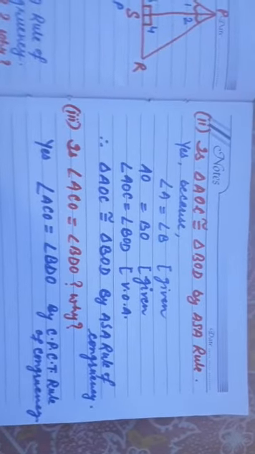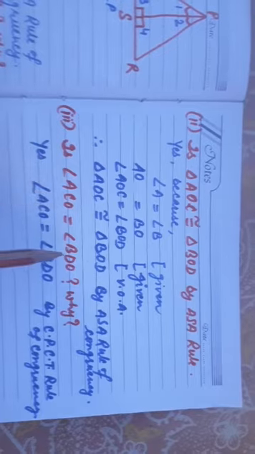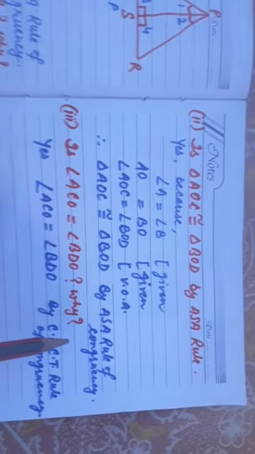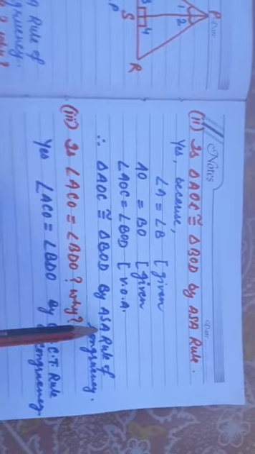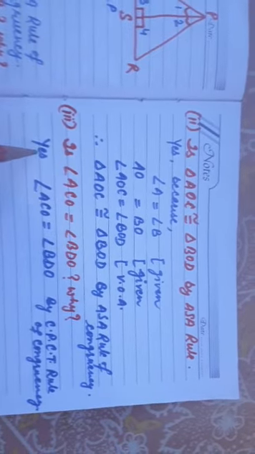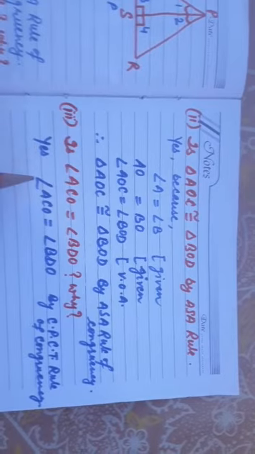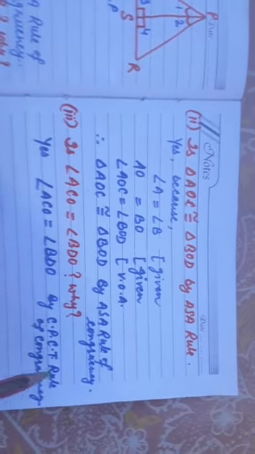And the last part: are angle ACO and angle BDO both equal? When these two triangles are congruent by some rule, then their corresponding parts are always equal. So we can say that yes, angle ACO is equal to angle BDO by the CPCT rule.